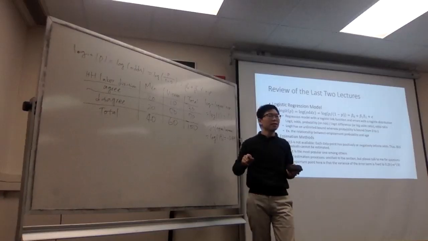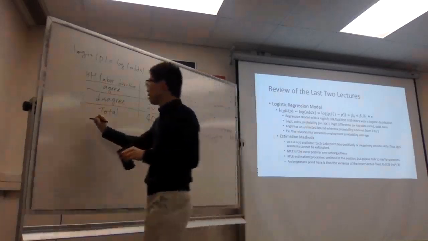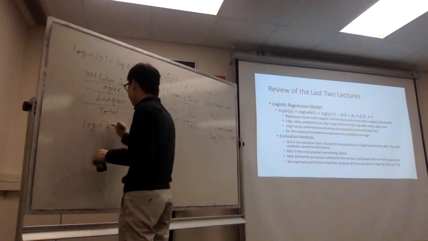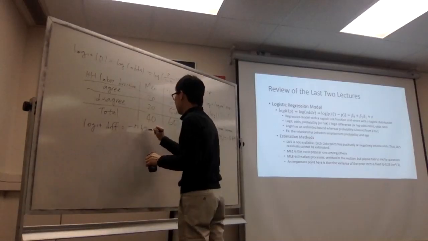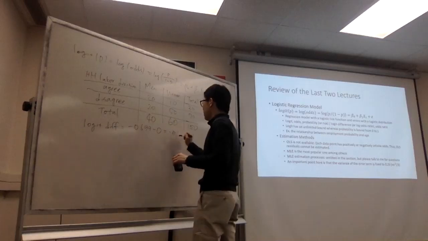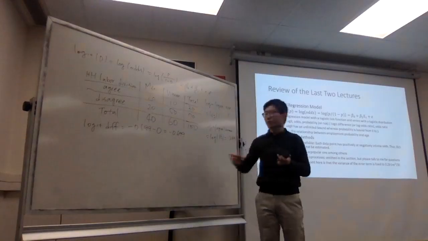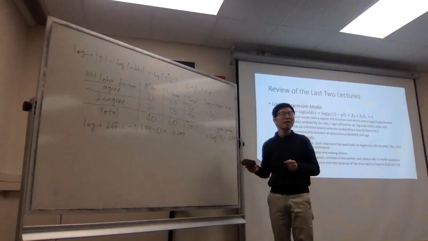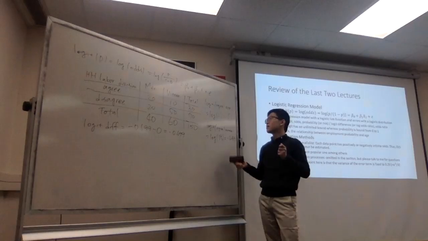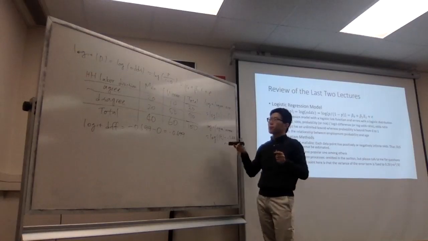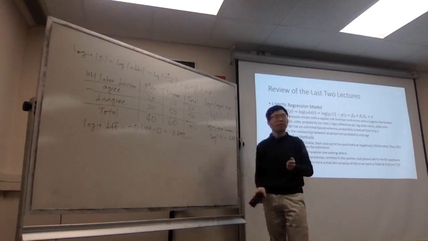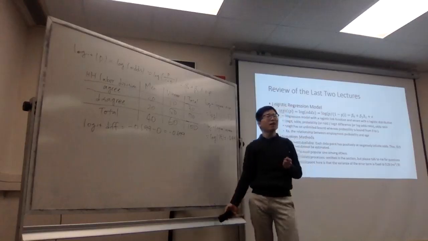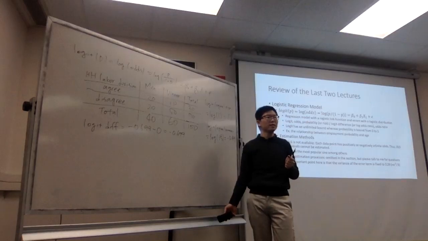The logit difference is negative 0.699, which means that being a woman is associated with a negative 0.699 decrease in the logit of agreeing with this statement.